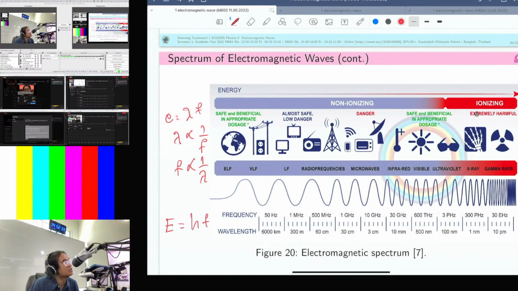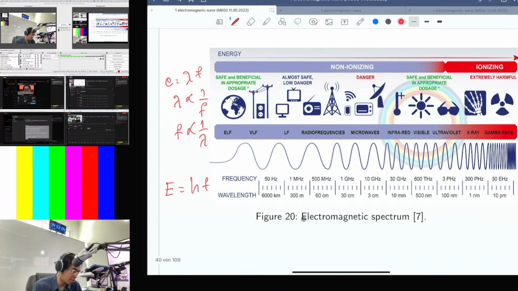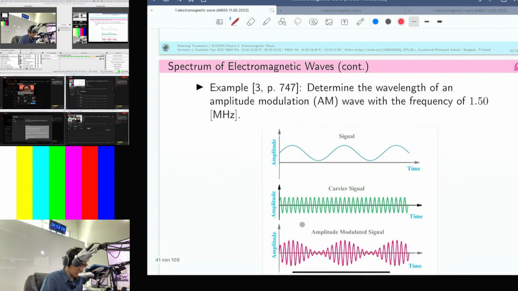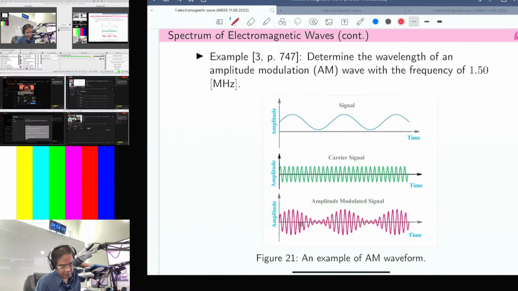It has many fluctuations in a certain time, and it gives a very high amount of energy because of its high frequency. Gamma ray is dangerous. That's why you can see this symbol, this sign, right? But as you can see before, humans are clever and have made use of gamma rays for special applications.